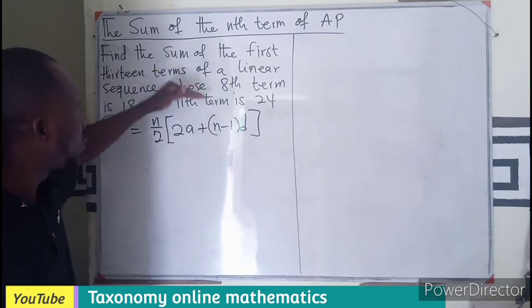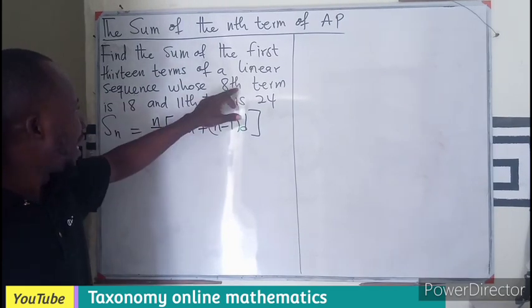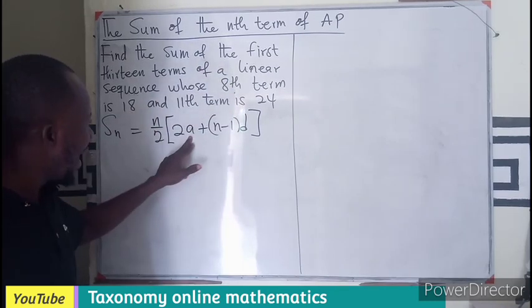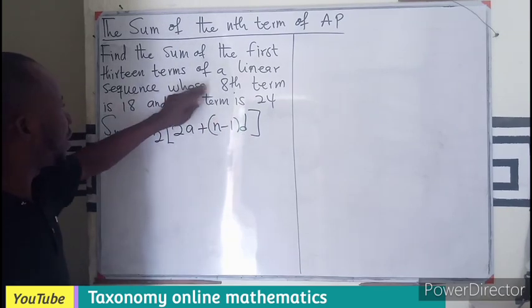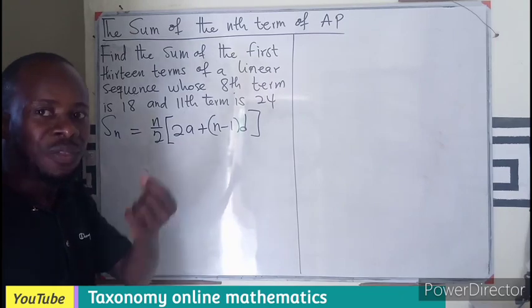So I have to go back to the second part of the sentence and see whether it will help me find the A and the D. How do you find the eighth term or the nth term?